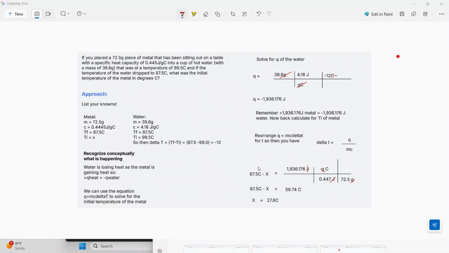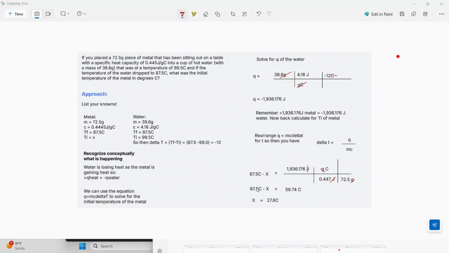And so we put our delta T over here for the metal, which is final minus initial. And our Q is positive 1,936.176 joules. And we divide that by our mass of the metal, which is 72.5 grams, and also by the specific heat, which is 0.447 joules. Our units cancel nicely to give us degrees Celsius.